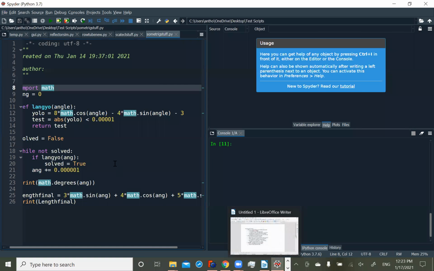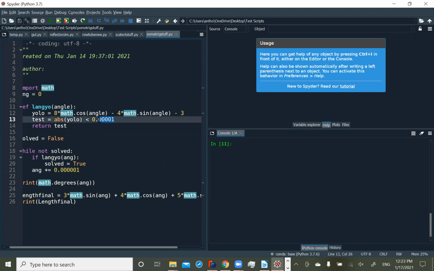All it's doing here is working out the math and seeing if we're within 0.0000101 of 0. So we're figuring out if we're really close to 0, then we're pretty much at that angle, and then it returns true or false.